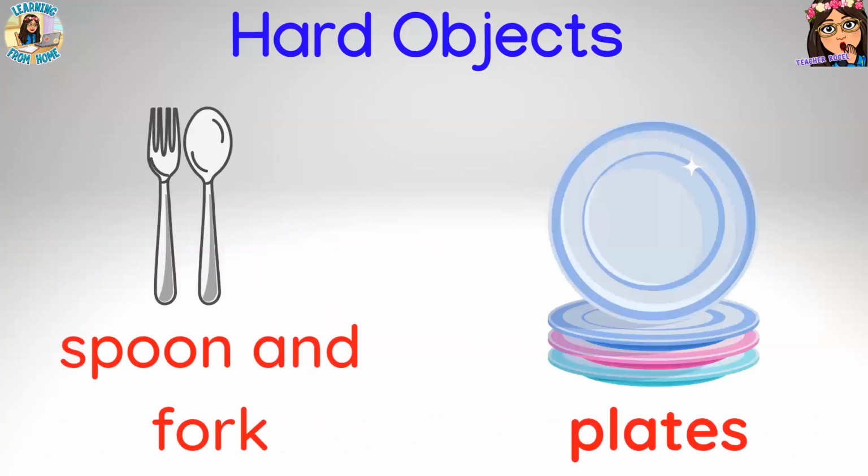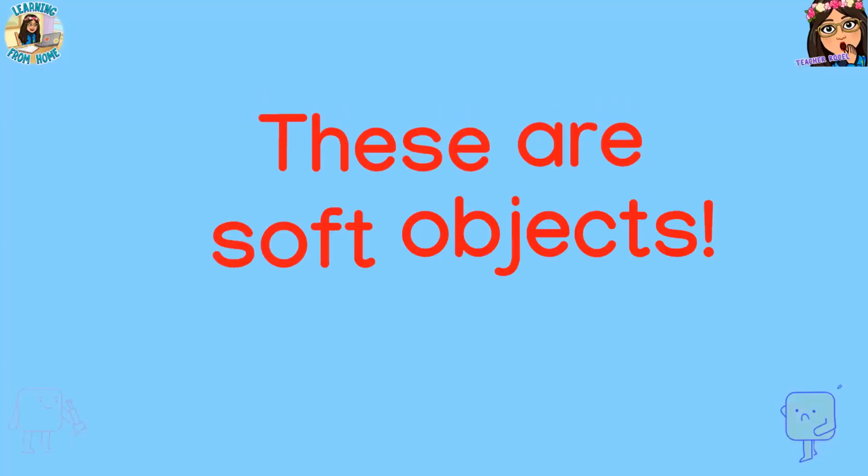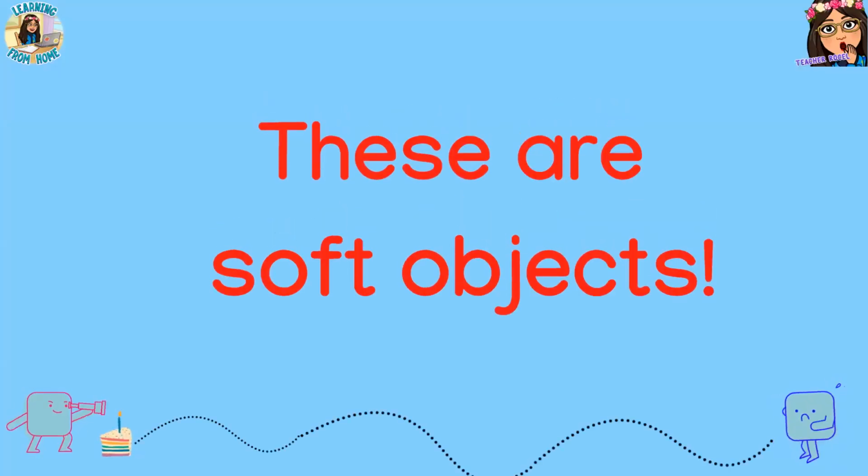The spoon and fork, and of course, the plates. Pen and marbles. All right, so those are some examples of hard objects, and there are a lot of things which are hard also. We can have the cabinet, the door of our house, our figurines. Okay, so those are some.